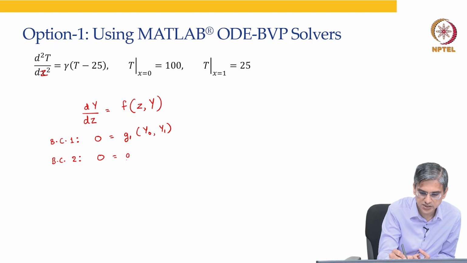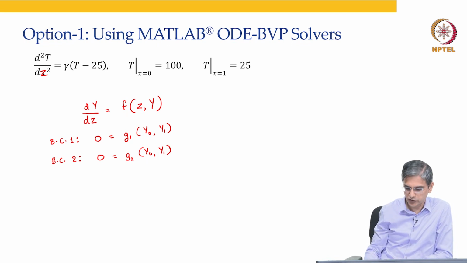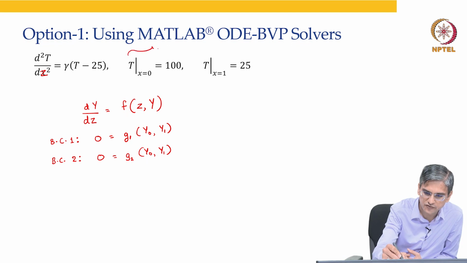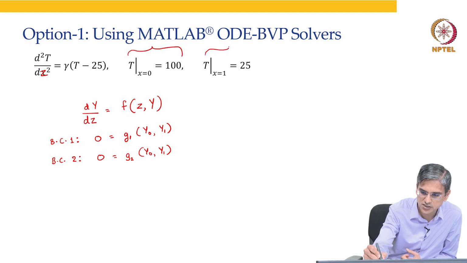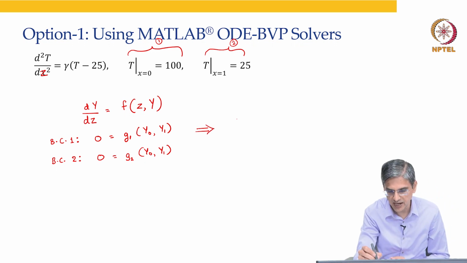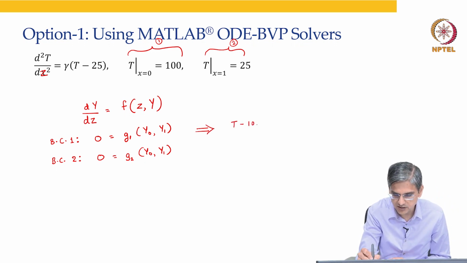BC2 is going to be 0 equal to some function g2 of y0 comma y1. Now, for example, what does this mean? The first boundary condition will be written as T minus 100 equal to 0. The second boundary condition is going to be written as T minus 25 equal to 0.